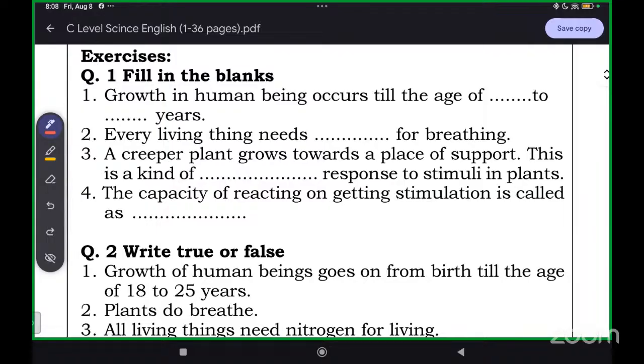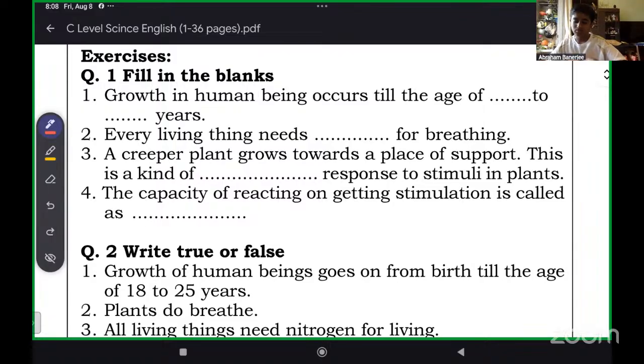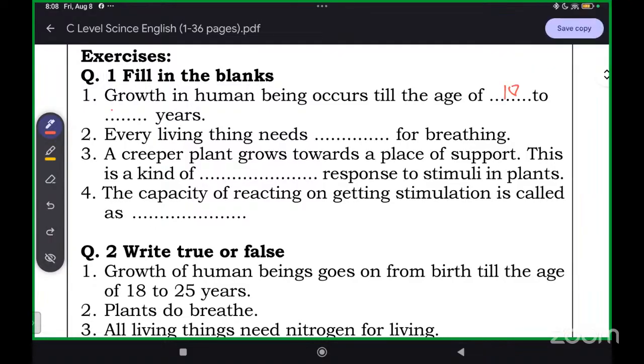Okay, let's see the exercises. Growth in human beings occurs till the age of dash to dash years. Till the age of 18 to 25 years. Yes, 18 to 25. Every living thing needs dash for breathing.